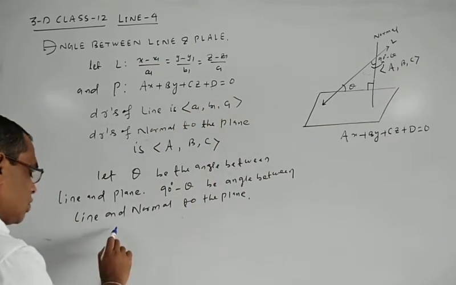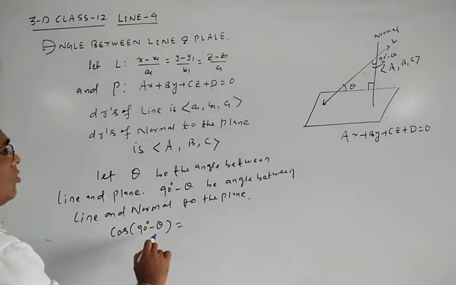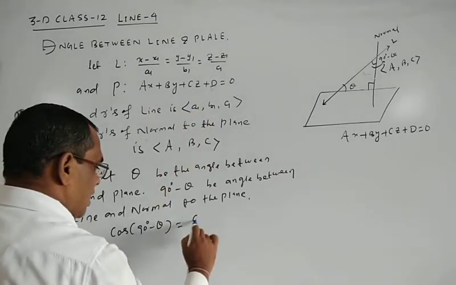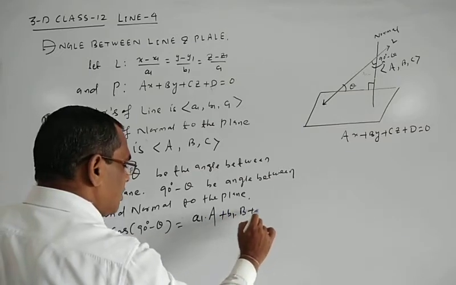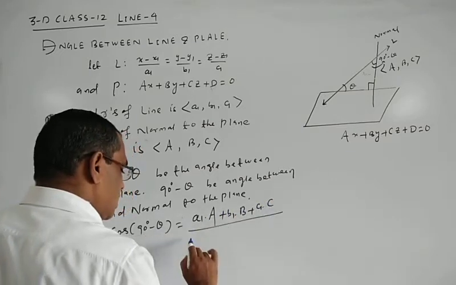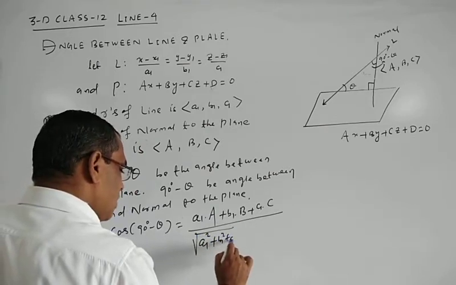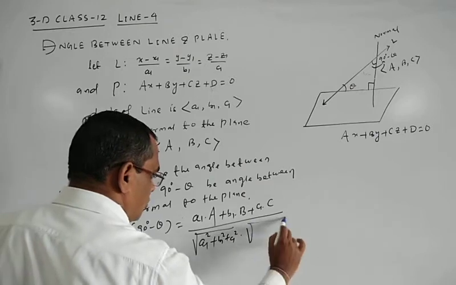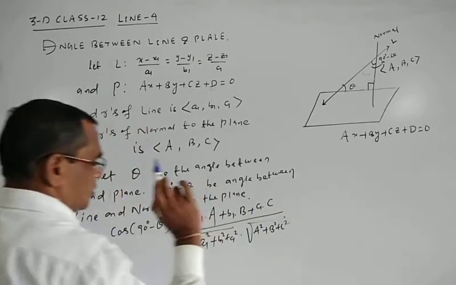So cos of (90 degrees minus theta) is equal to (a1 into capital A plus b1 into capital B plus c1 into capital C) by root of (a1 square plus b1 square plus c1 square) into root of (A square plus B square plus C square).